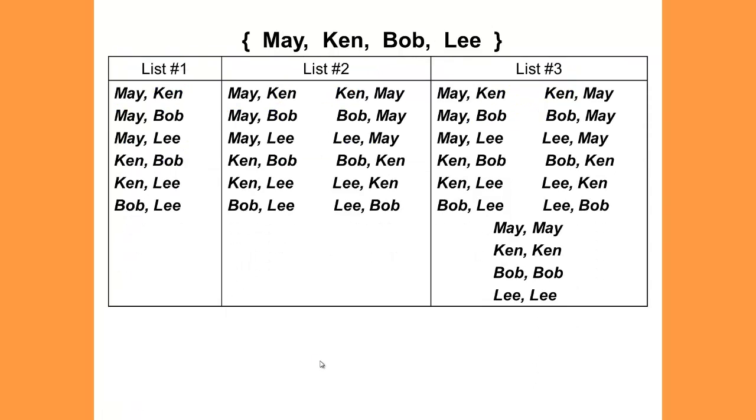Now, it would be very nice if we had a mathematical way to generate the number of names on each list. And guess what? We can't generate the names, but we can calculate the number of names that should be on each list using combinations and permutations and the fundamental counting principle. The first list that we have is called a combination. The notation for that is 4C2.